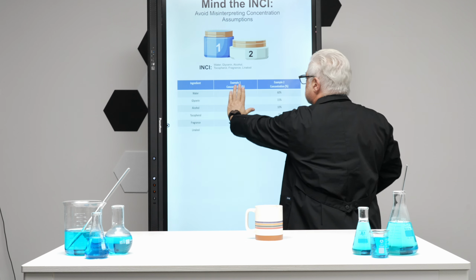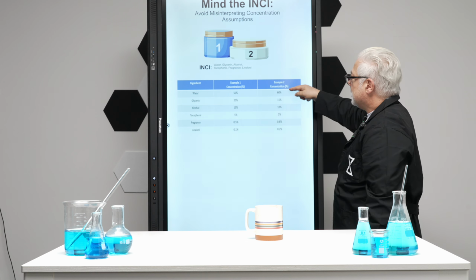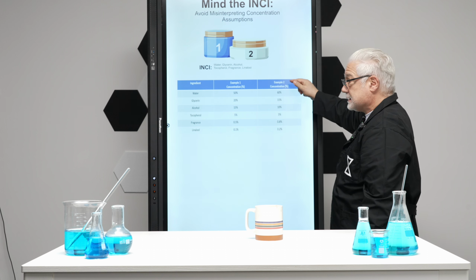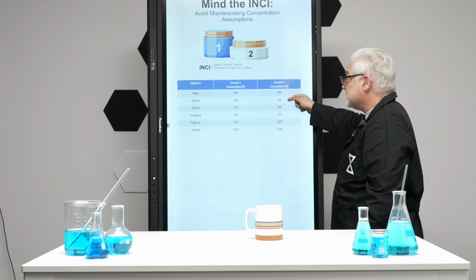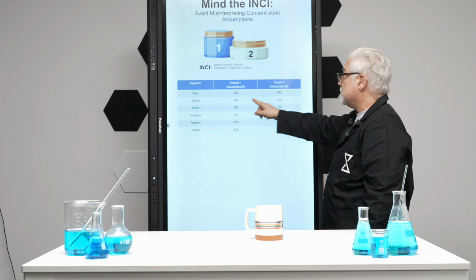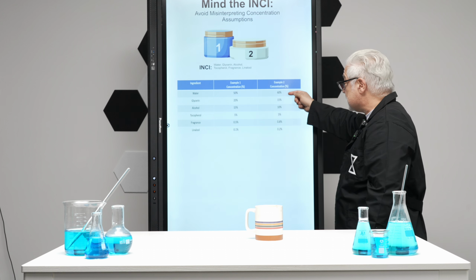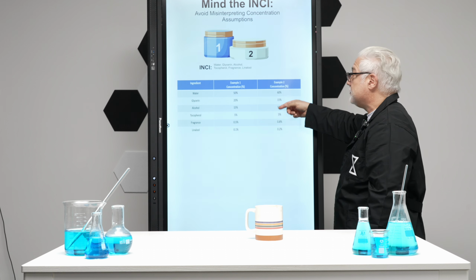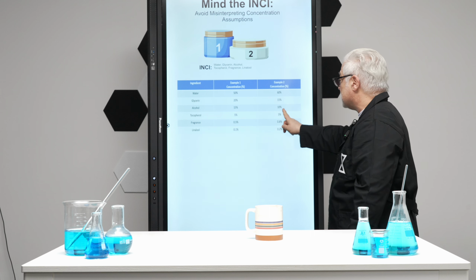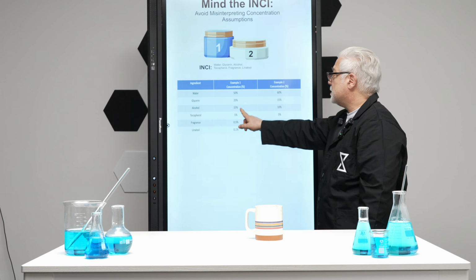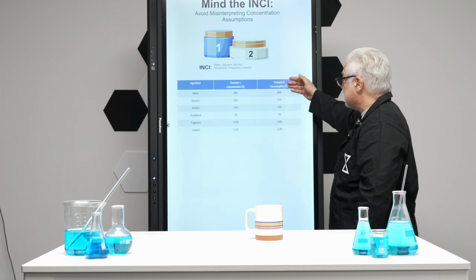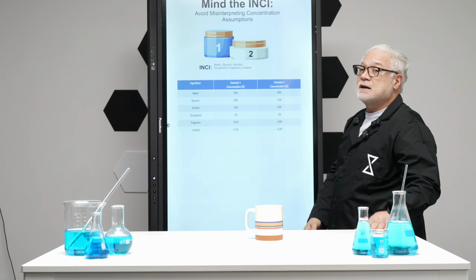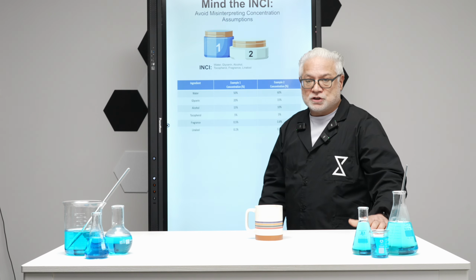Now, if I cover this, here I have water 60%, is still the highest concentration. Glycerin 15%, here was 20%, but it's still the second highest, so it will appear second. Alcohol here is 10%, here is 15%. Again, it's the third one, but a completely different concentration.